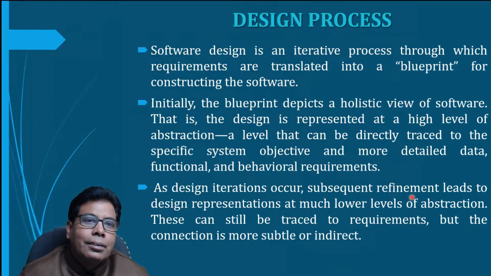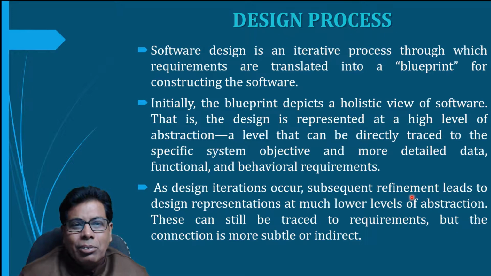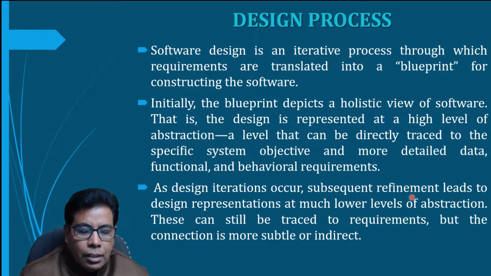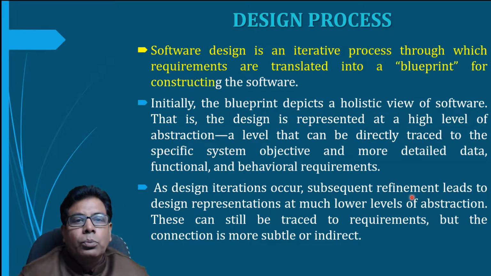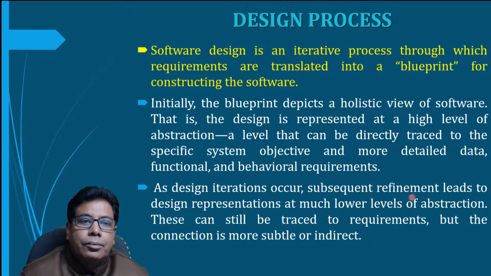Then the design process. Here we are going to just see the overall design process. Software design is an iterative process through which requirements are translated into a blueprint for constructing the software. Here blueprint is nothing but the model or diagrammatic representation of what is being done in the software.